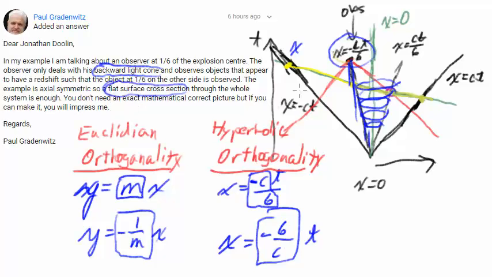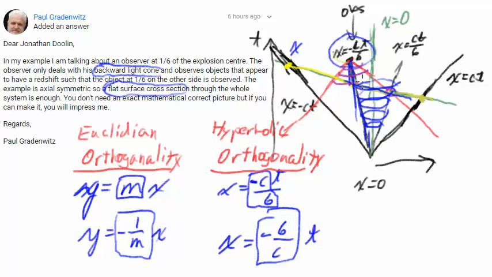So actually both of these can be mapped to a flat surface cross section: the backwards light cone, and also the plane of simultaneity. But we could also worry about the backwards light cone, which is a different set of events.